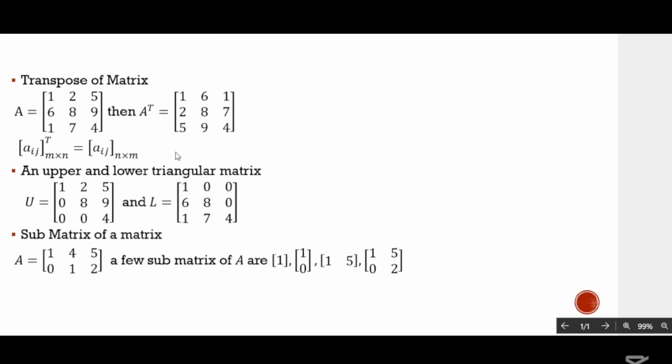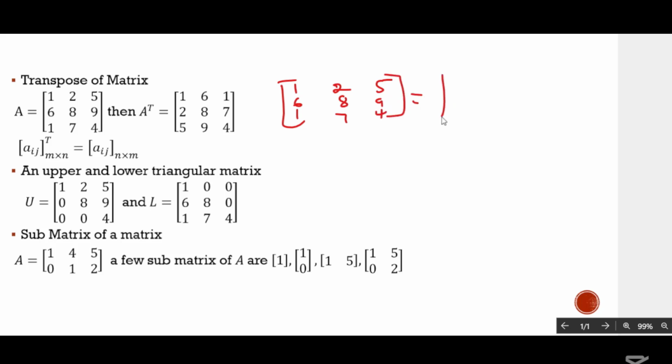Now let's talk about the transpose of a matrix, as I've already said something about it earlier on. Now we have a matrix A to be 1, 2, 5. When you rearrange by turning all the column elements to become row elements, or the row elements to become column elements, you have transposed the matrix. So already we had 1, 6, 1, 2, 8, 7, 5, 9, 4.